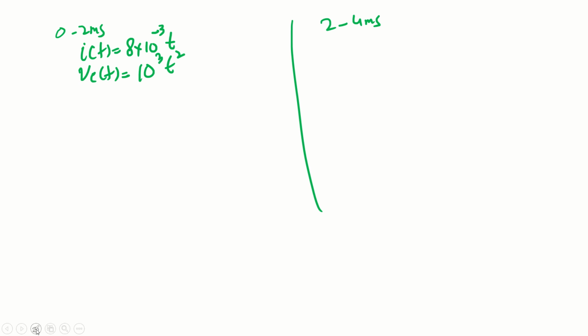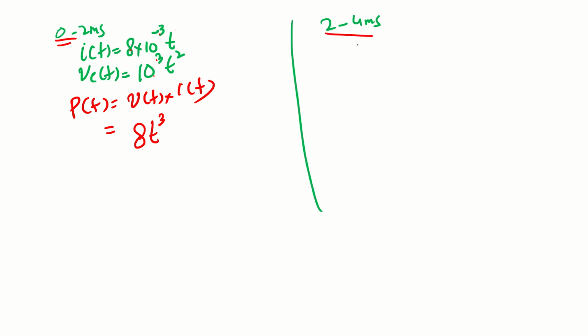Power is voltage multiplied with current. The 8 stays, the 10 power 3 terms cancel, and t times t square becomes t cube. This is the power from 0 to 2 milliseconds.